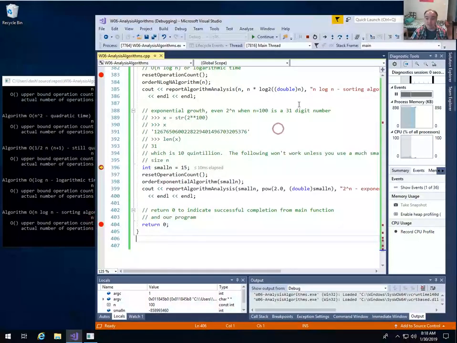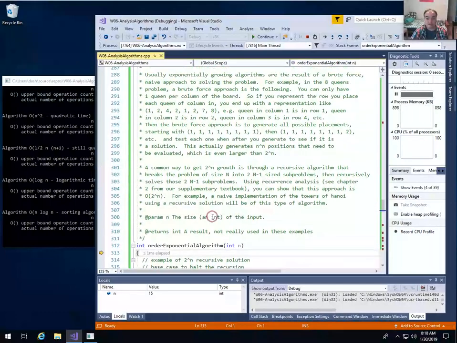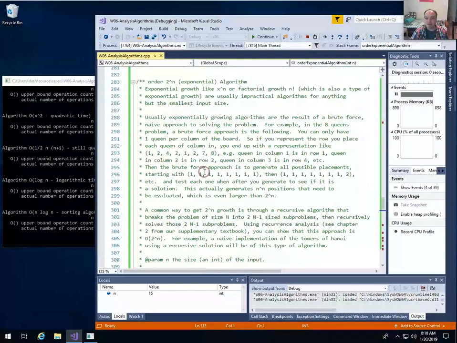So let's just step in here. So I had some examples. If you don't know what I mean by brute force, here's one example.